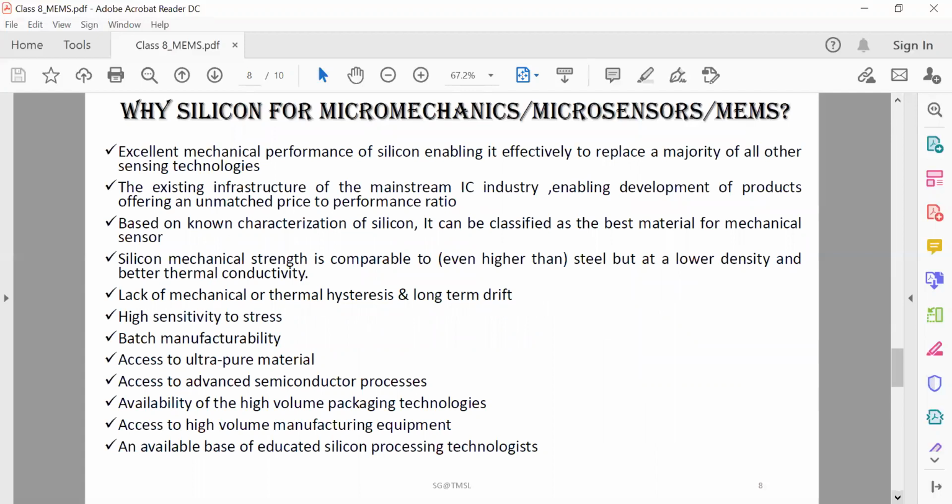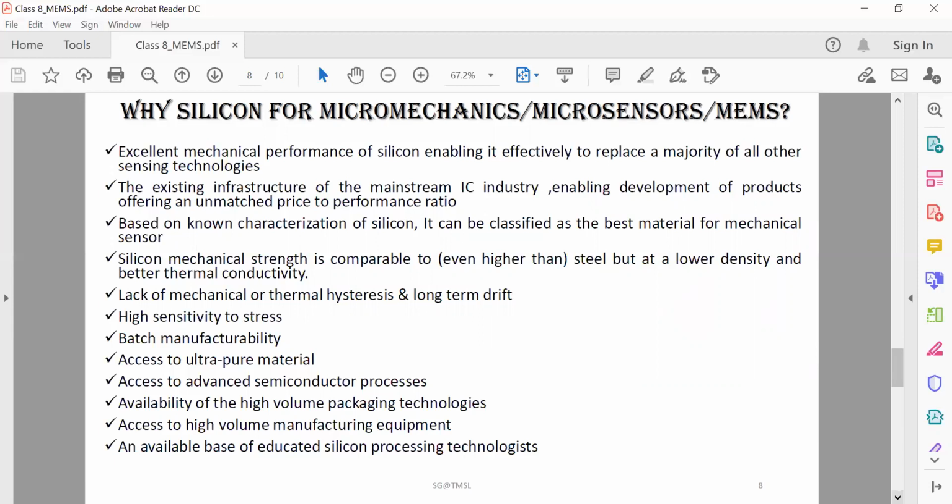Because of that, it cannot generate a lot of heat. So the heat distribution is more, and that is advantageous compared to other materials. So that is our desired thing. These are the favorable points in the case of silicon.